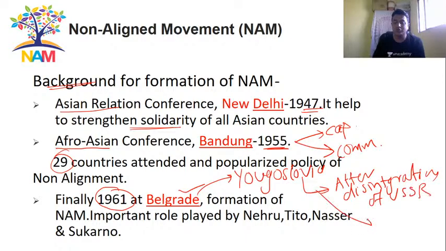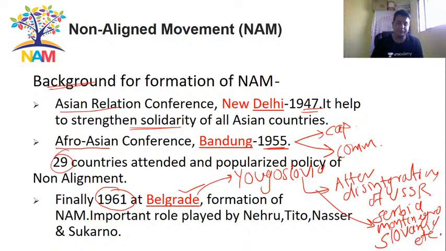And now Yugoslavia is divided into Serbia, Montenegro, Slovenia, etc. Clear? So right now there is no such country known as Yugoslavia. At that time it was the case.